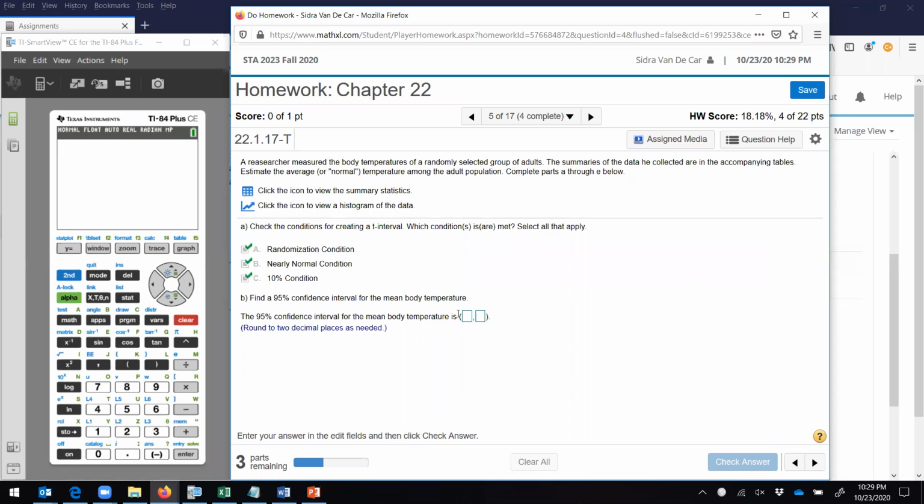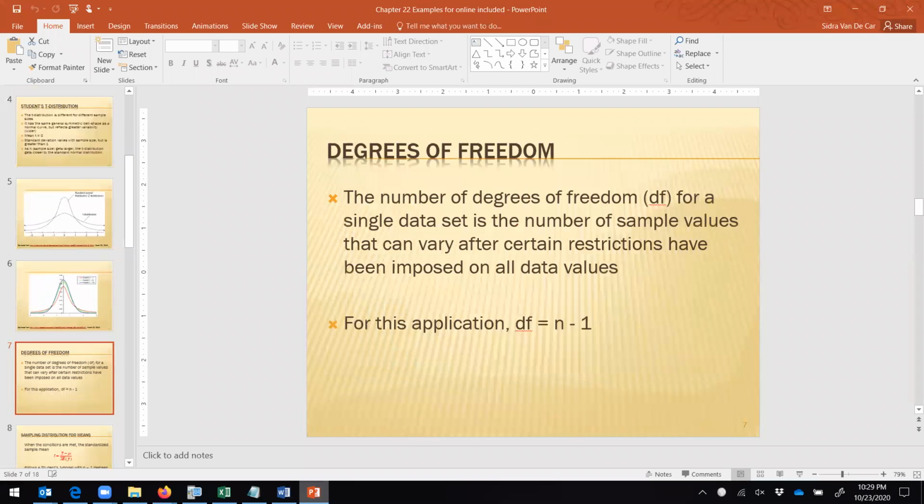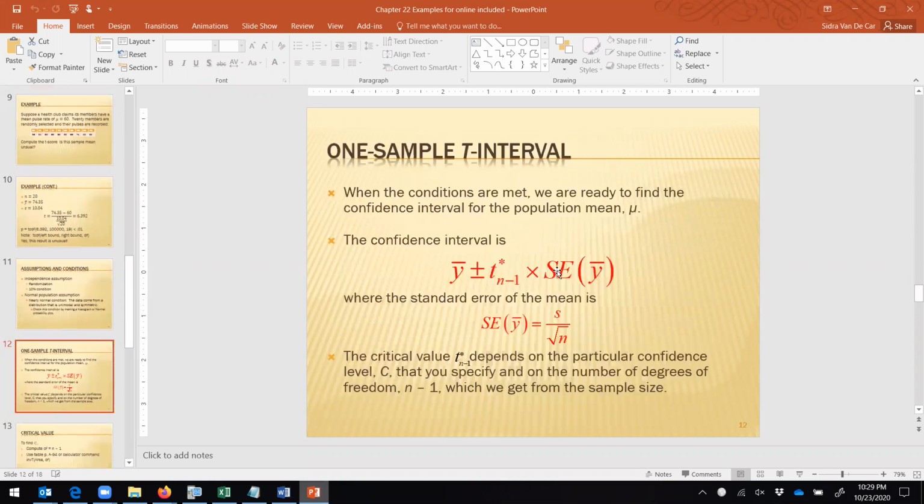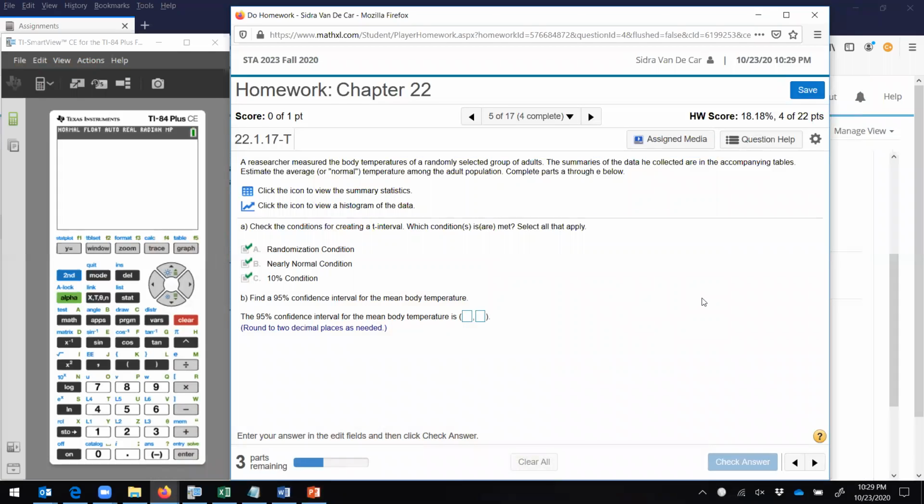Find a 95% confidence interval for the mean body temperature. All right, so our confidence interval is our formula right here, right? So I need the T critical that goes with this.